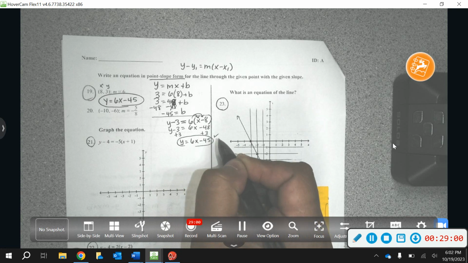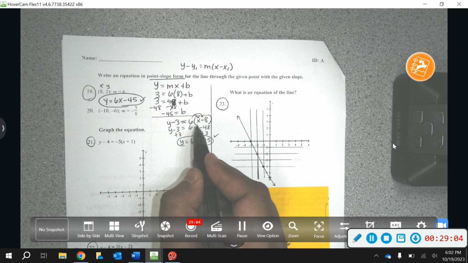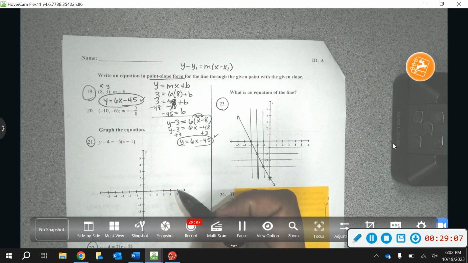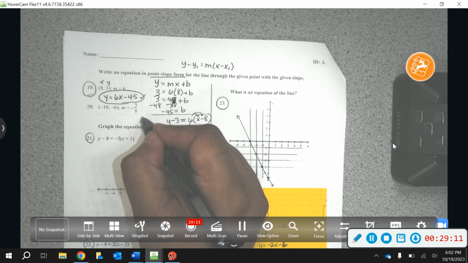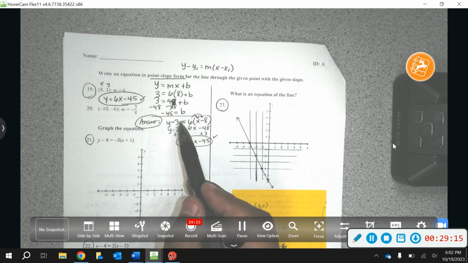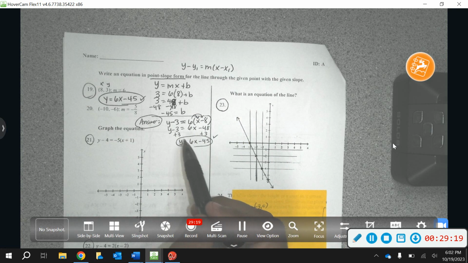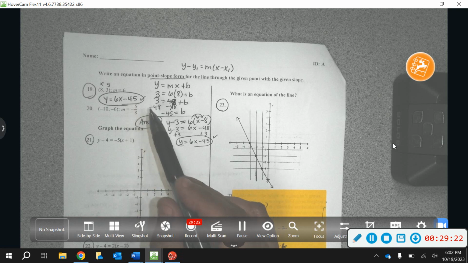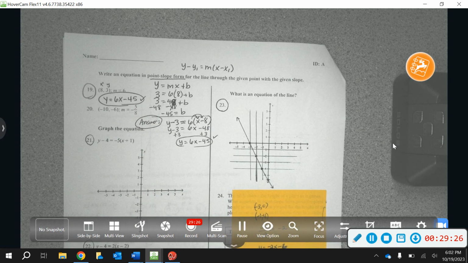This here is the same as this here, so I know that this is going to be my answer for point slope form. And again, that's if they give this to you as an answer, okay? If you have your answers in this form and you want to see if they come out to slope-intercept form, all you have to do is solve for y, okay? Solve for y.